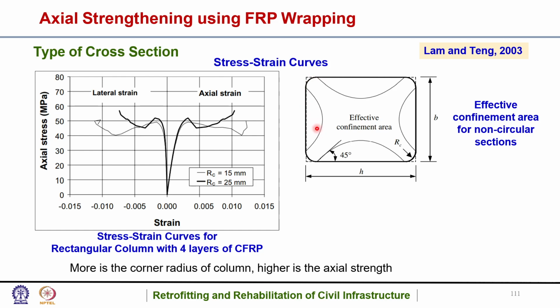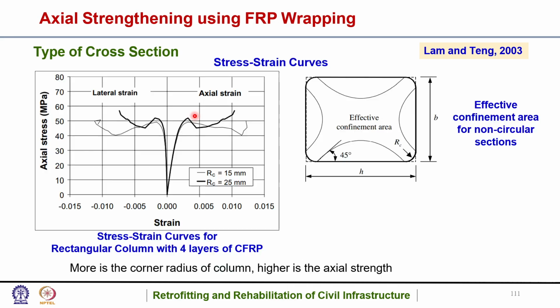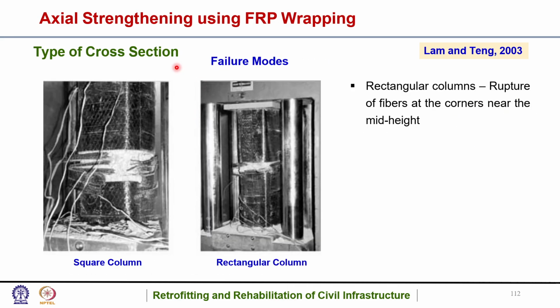Lesser will be the non-effective region. If the radius is more, then the region will be much lesser. So this was the study on the type of cross section.